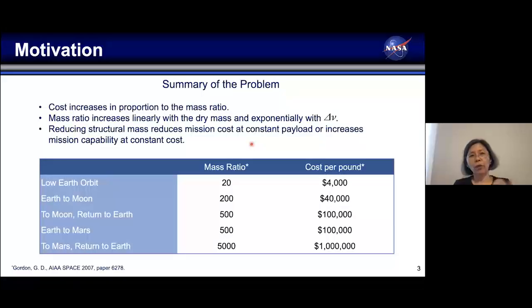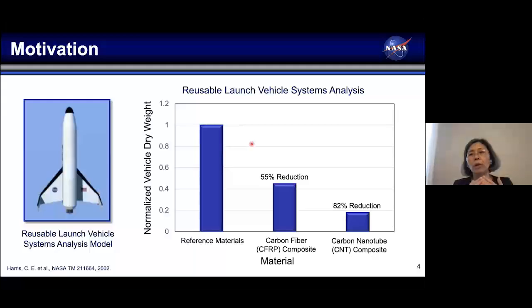If we can reduce structural mass, it will either help us reduce the cost of launch, or at a constant amount of payload, it increases the amount of payload that we can launch if the dry weight is lower. And this is again out of Charlie's TM. What was the motivation for looking at basic research for carbon nanotubes back in the 2000s?